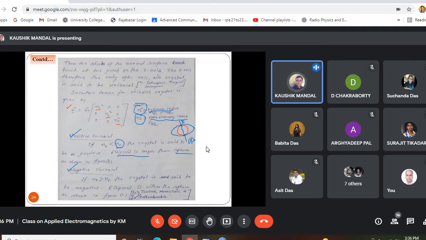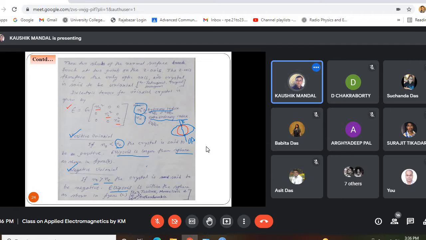Now the reverse is, if Ne is less than No, that means your ellipsoid is smaller. Ellipsoid is smaller means ellipsoid should be within the sphere.